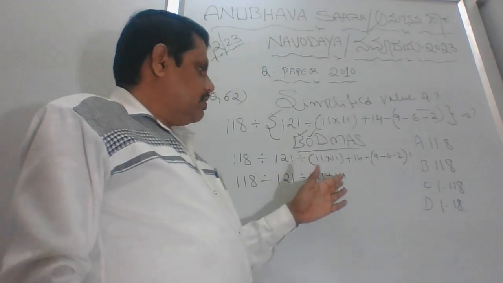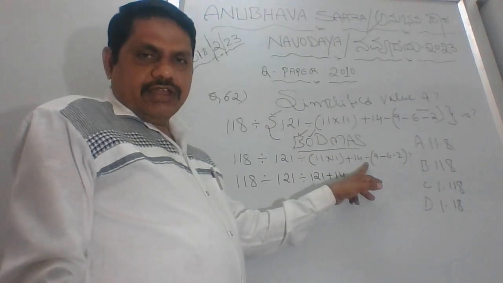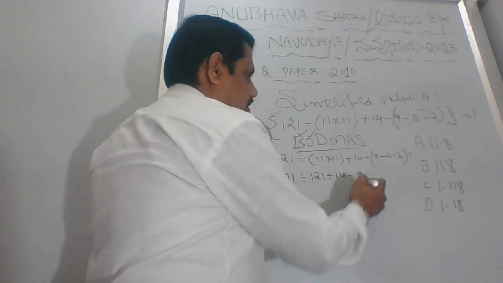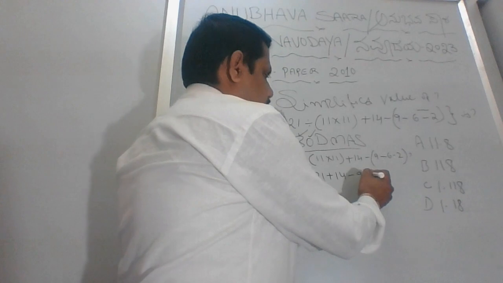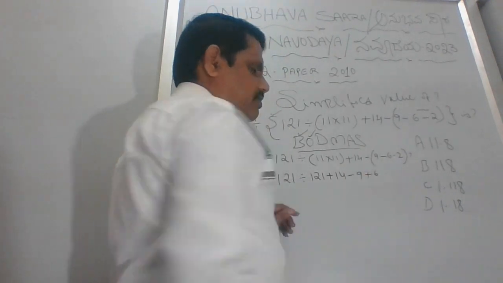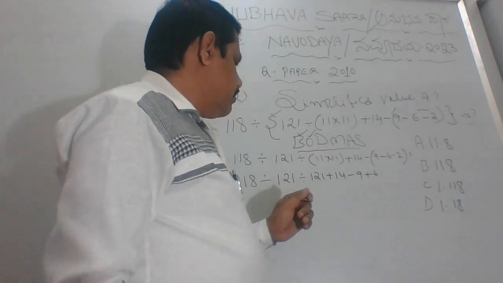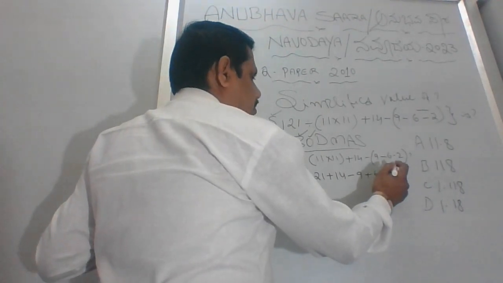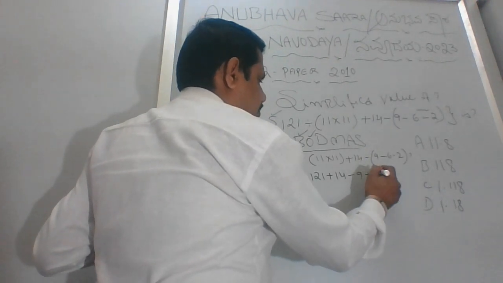Clear? So here I will remove this: minus into 9, minus into minus is plus 6, and again 2, that means we will take it as a 4.